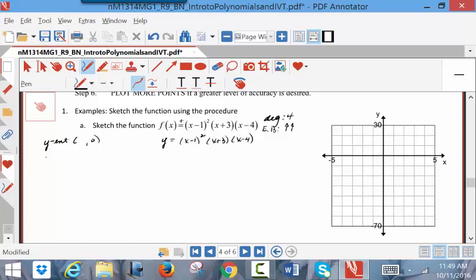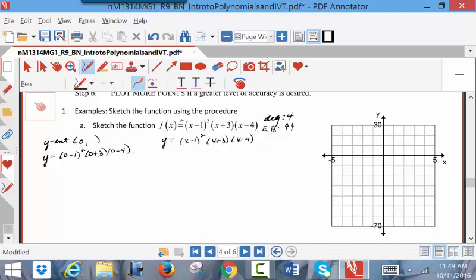Yep, your y, wait a second, I did that wrong, didn't I? Sorry, guys. Your x value is 0. Okay, so then this is not hard. Just be careful with the negatives. So this is going to be 0 minus 1 squared, 0 plus 3, and 0 minus 4.